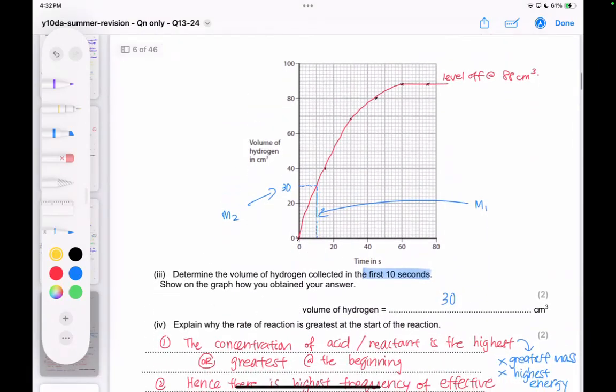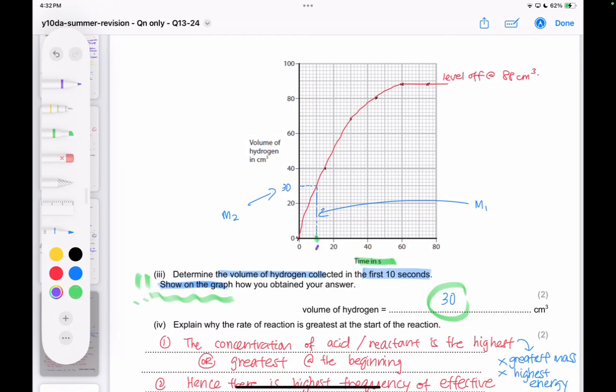For this question, you need to find the volume of hydrogen gas collected in the first 10 seconds. You will need to show it on the graph. Now, this is when I need you to be really, really clear that you need to show your working on the graph. You cannot just write down a value here. Even if your value is 30, you only get 1 out of 2 marks. So what you want to do here is you go to the time and you identify 10 seconds.